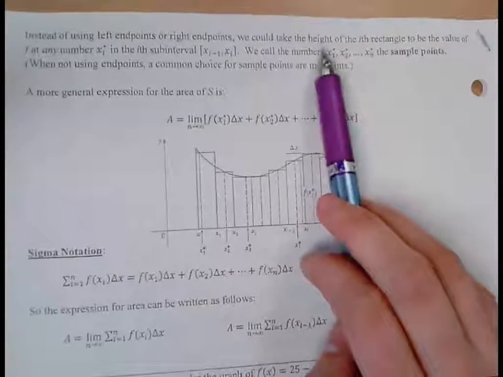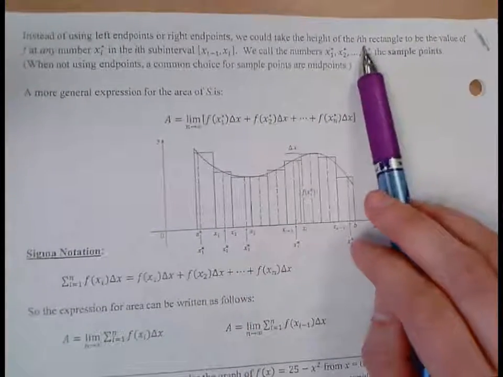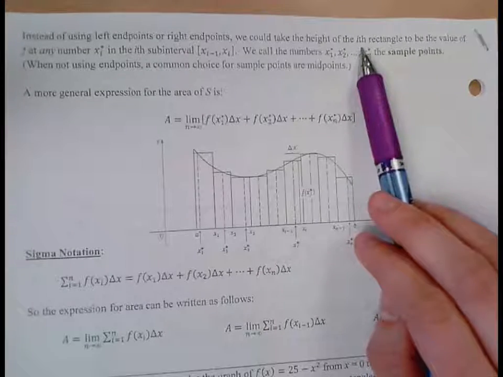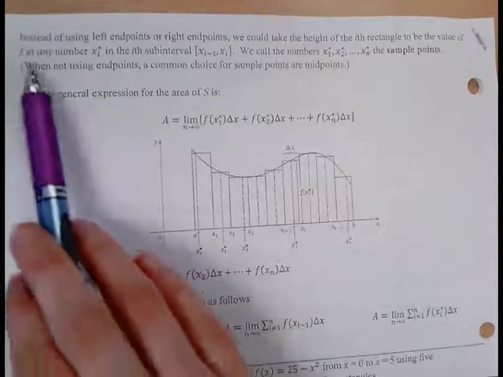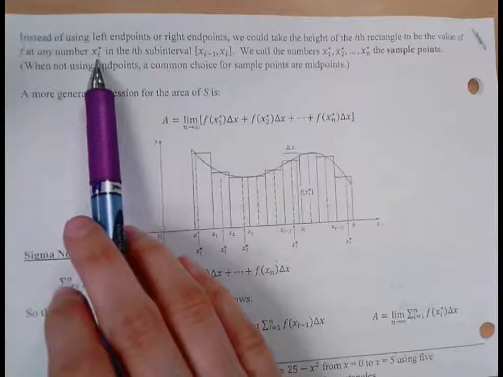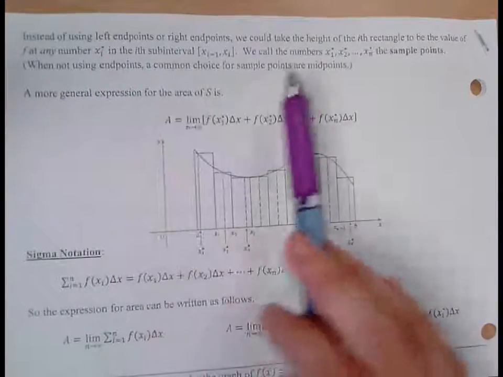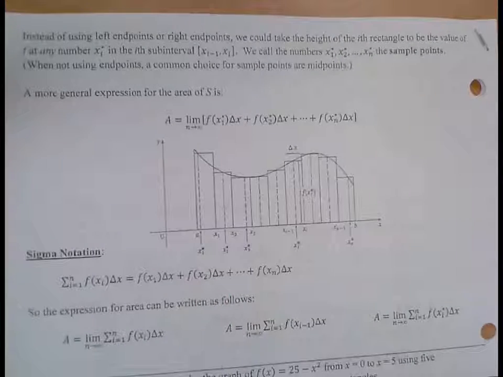So you could take the height of, they call it the ith rectangle, to be the value of f at any number x sub i star in the ith subinterval. Again, notation, don't get hung up on it. All this means is, say you have the interval from x sub 0 to x sub 1. You don't have to use the left endpoint or the right endpoint. You could use any x value in that interval as the height of your rectangle.